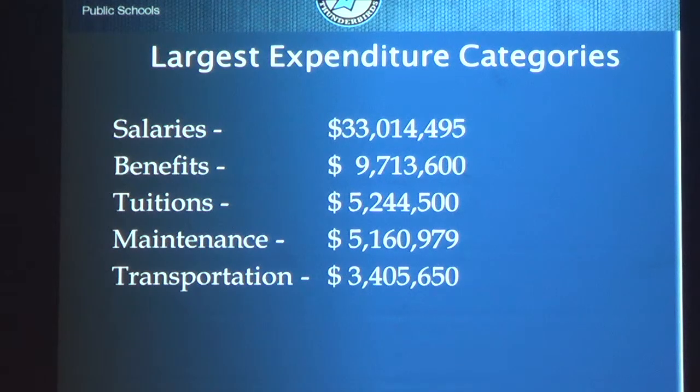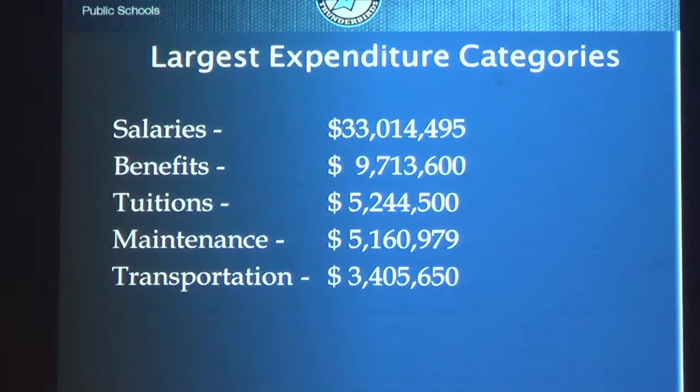in our country. Tuitions: we spent virtually an entire evening discussing special ed expenses, and so they're budgeted at 5.244 million. About 300,000 of that goes to the academies for students who Mahwah pays for. The rest is special ed.